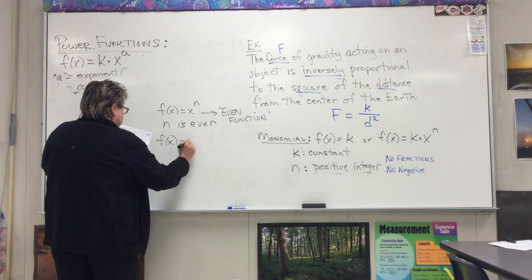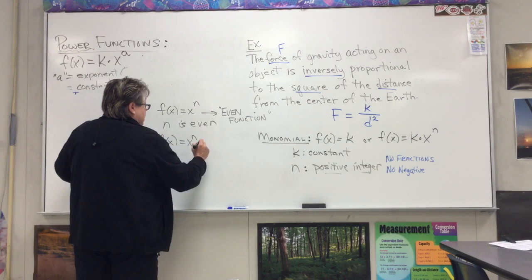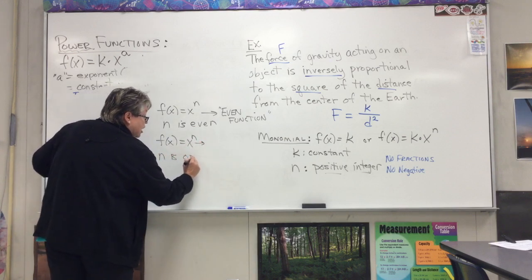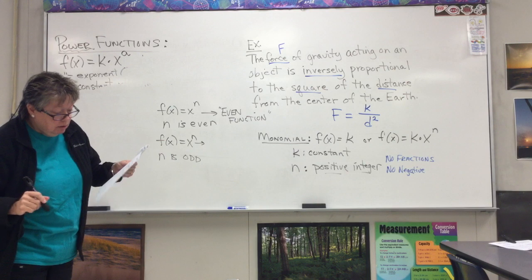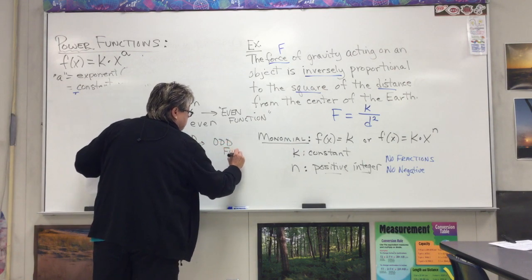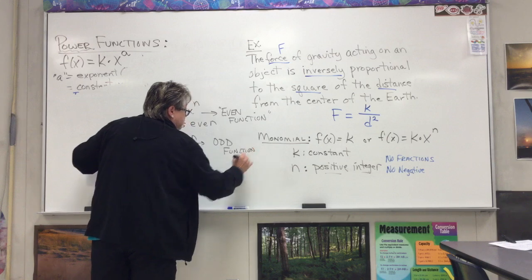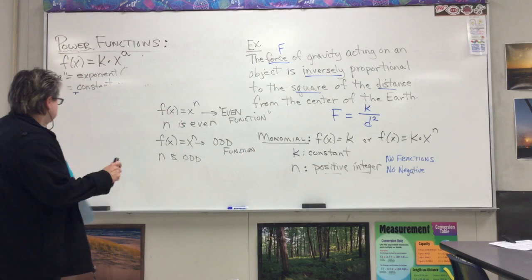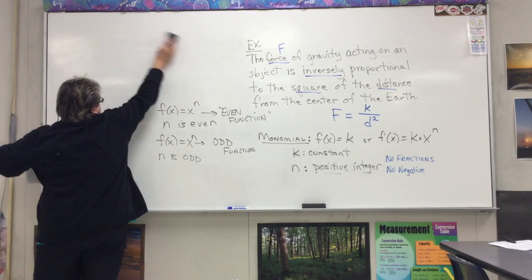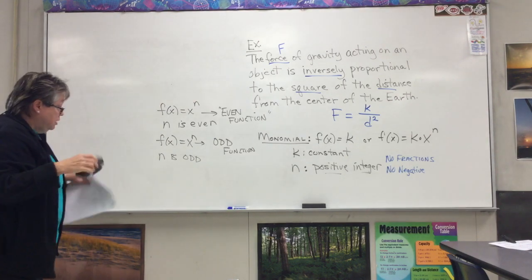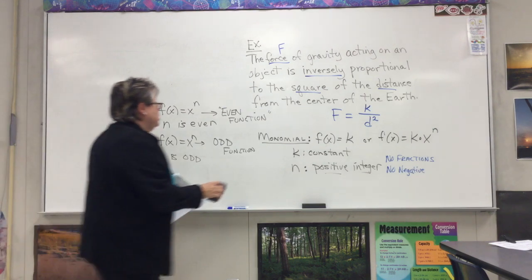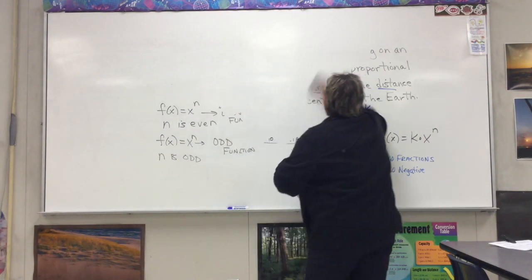If f of x equals x to the n, and your n is odd, I bet you know, you are going to have an odd function. Maybe that seems like common sense, but I'm not sure we've ever put that down and made a statement like that. So if your exponent is even, you've got an even function. Odd, odd function.